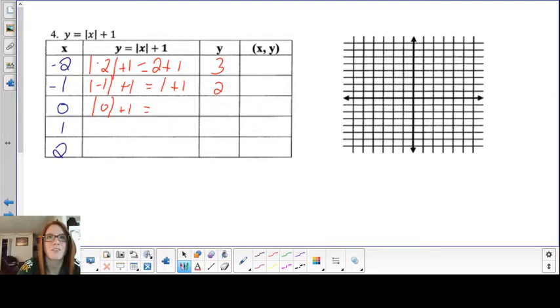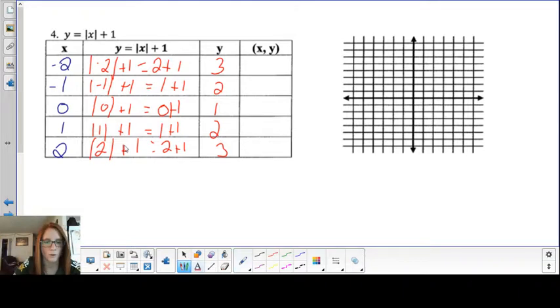Again, 0 is always itself, it's not positive or negative. Even if the number's already positive, it's just trying to take the positive of it. Now, notice that these, again, are similar to a quadratic.